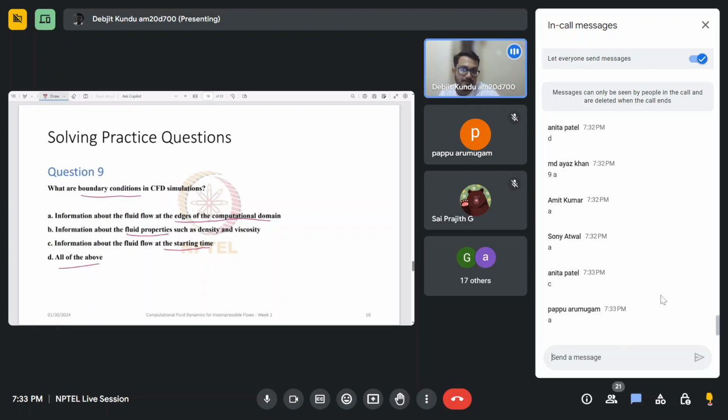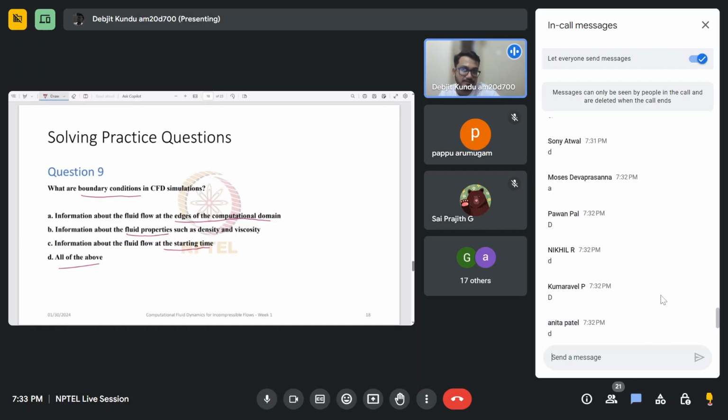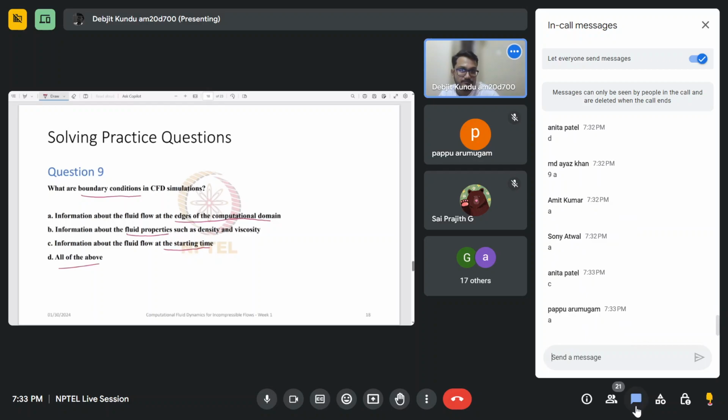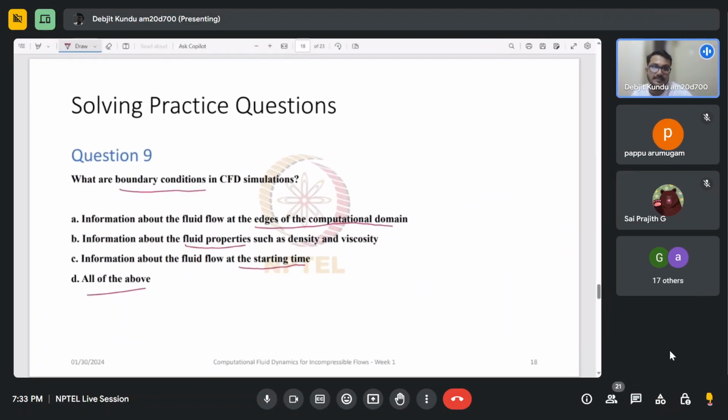Okay, it's a mixed crowd. We have someone answering C as well. B is also into the mix. So it's a perfectly split crowd.